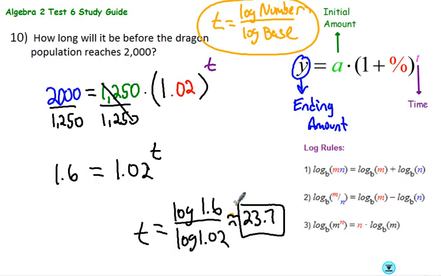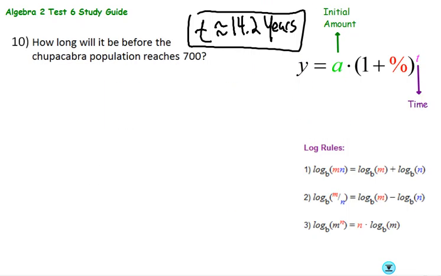All right, so go ahead and try number 10 in the middle and number 10 on the right side. All right, so let's see what you got with number 10 in the middle. So you got 14.2 years. How we got that is that we wanted to see how long it would take to end up with 700 chupacabras when we only started with 350.